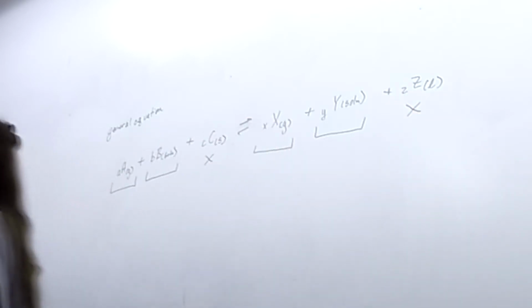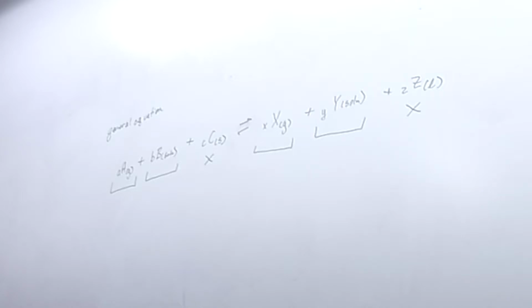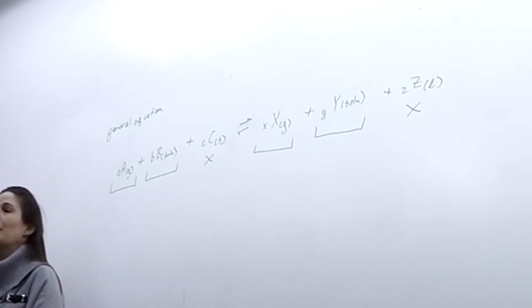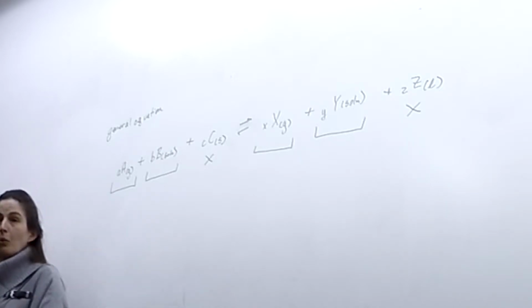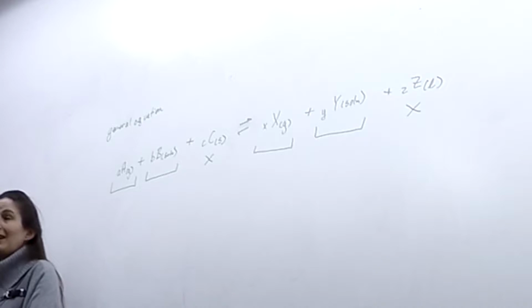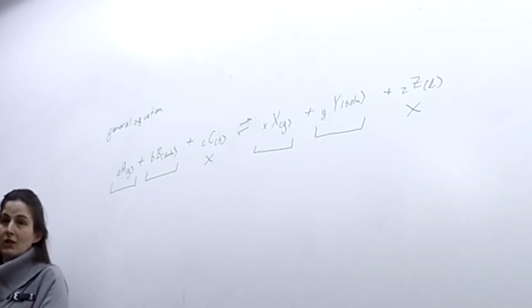So anything that is in a pure state, which will be a liquid or a solid, is not included. That is because when you're talking about concentrations of pure substances, we are only going to be able to find that in a density situation, and densities are fairly constant even if a reaction is happening.